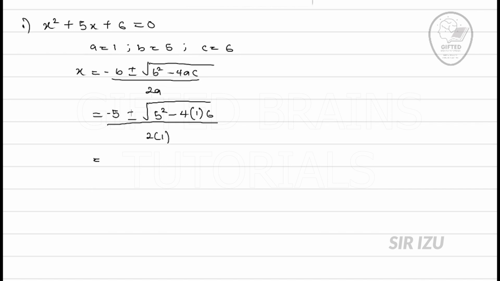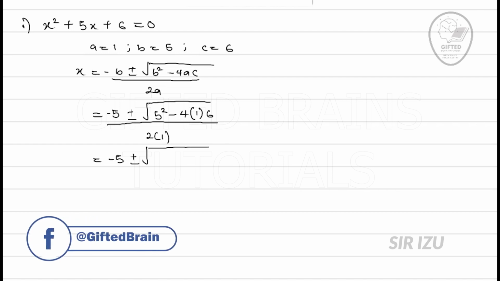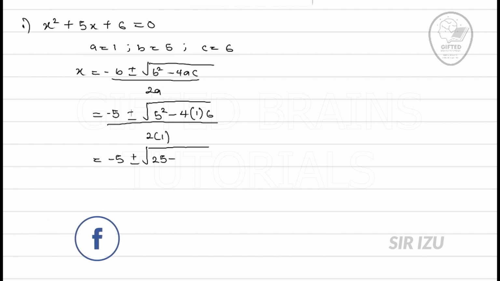So we would have minus 5 plus or minus the square root of 25 minus 24, which is 1, all over 2.